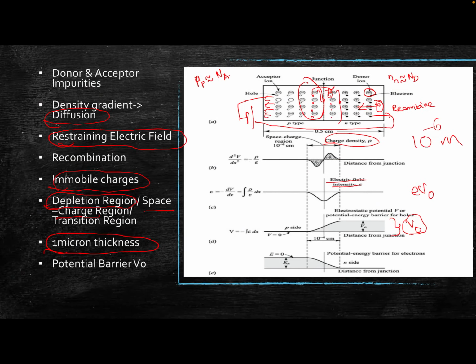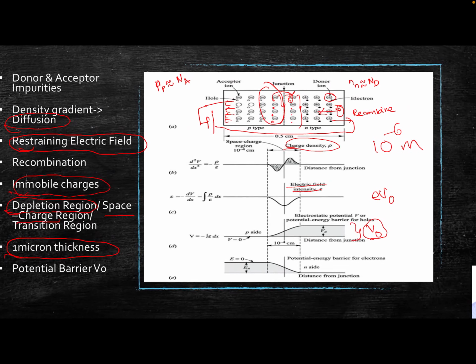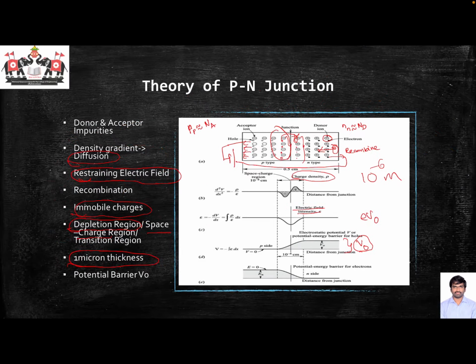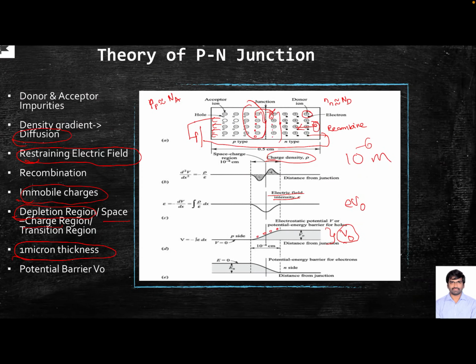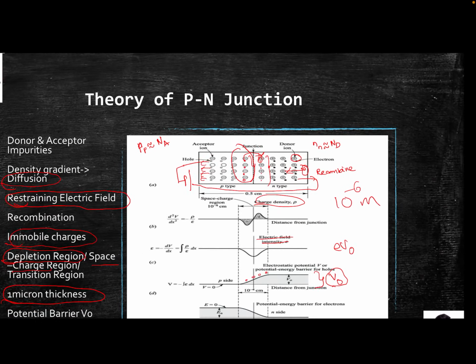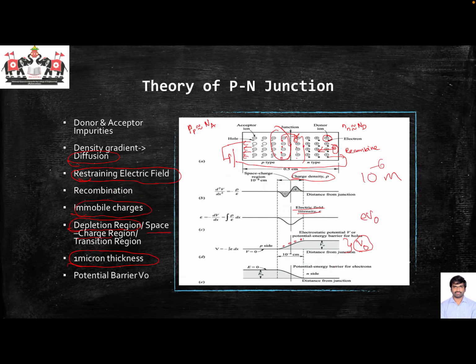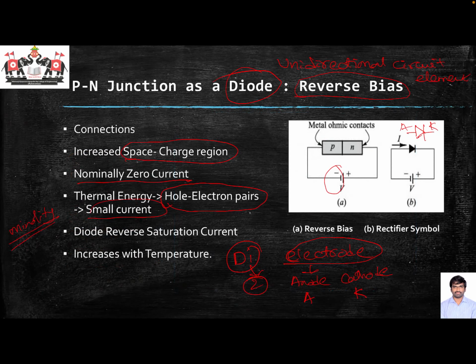Also, the space charge region will not obstruct the flow of minority charges, because for the minority charges the potential barrier is a downhill, not an uphill. Because of this flow of minority charges, a current is formed which is known as reverse saturation current.